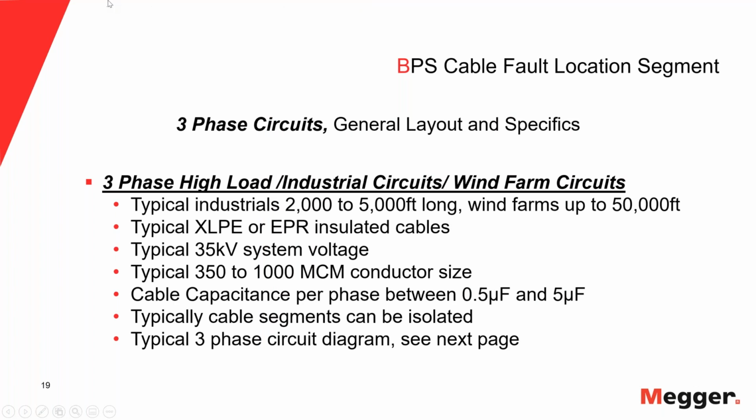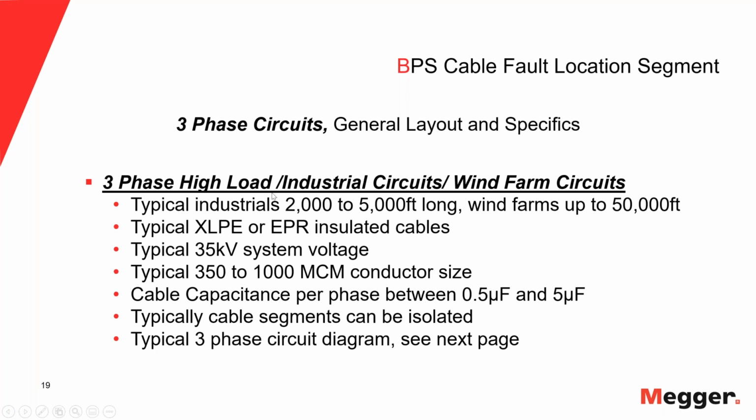So when we look at the three-phase scenarios here, we have basically two types. One is what I would call the three-phase high-load industrial circuits, which also includes wind farm circuits. These are typically characterized by, the industrials, maybe 2,000 to 5,000 feet. The wind farms can go much longer, maybe 50,000 feet.